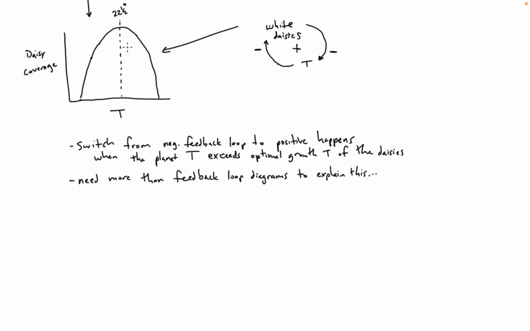Okay, this diagram here can sort of help us think about this concept of stability. Let's imagine 2 points. We have a point A and a point B. If you're at point A, it's a bit cooler. There's fewer daisies.